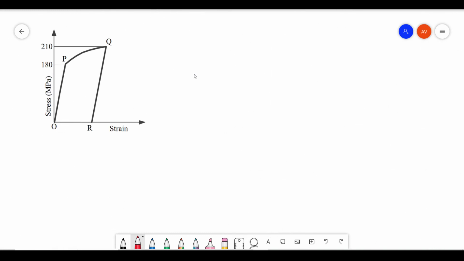So let's analyze this system. What is going to happen at first? Typically, when you do a uniaxial tension, you are going to take a specimen like this, a dog bone type of specimen.